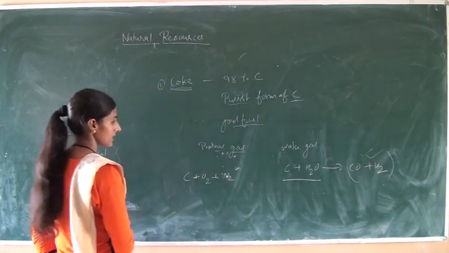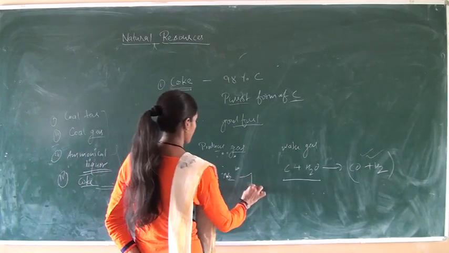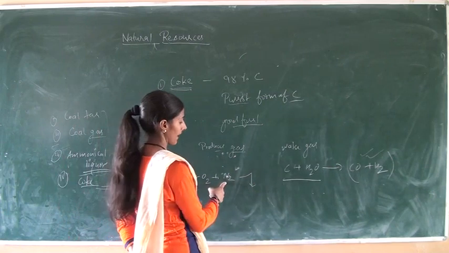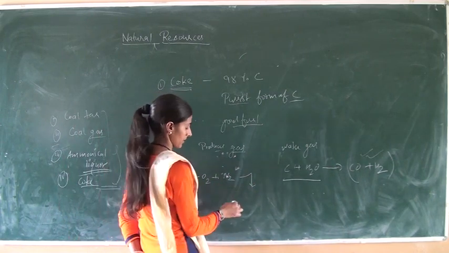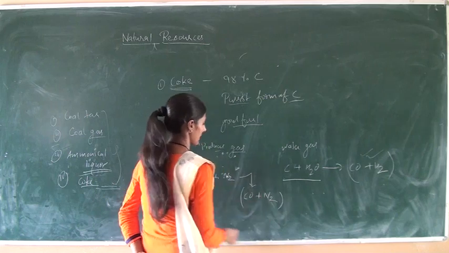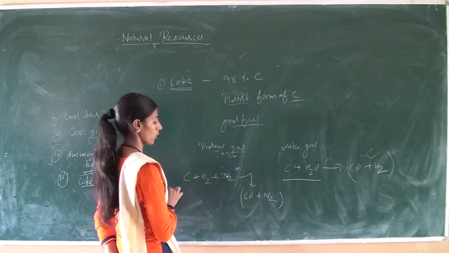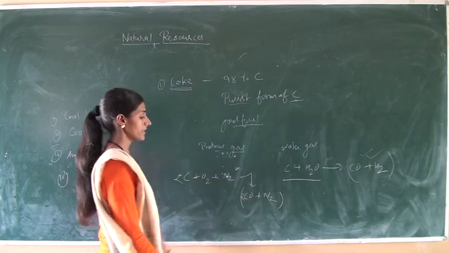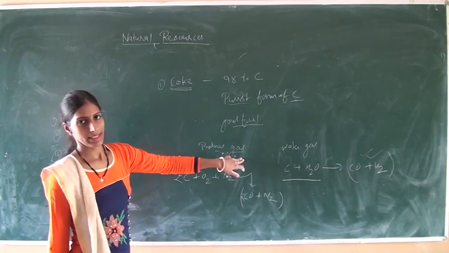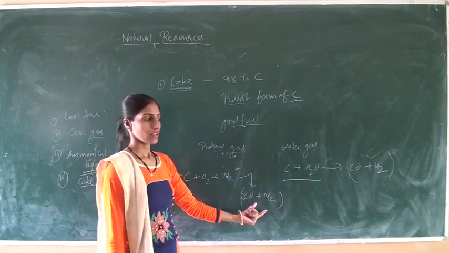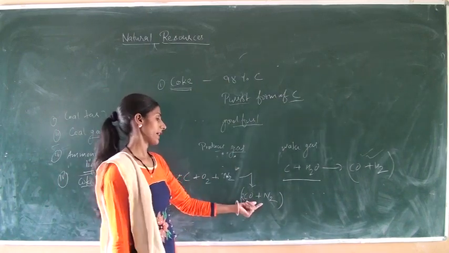Producer gas is formed when carbon reacts with oxygen as well as with nitrogen. Then CO plus N2 gas is formed. This is the producer gas, a mixture of carbon monoxide and nitrogen.